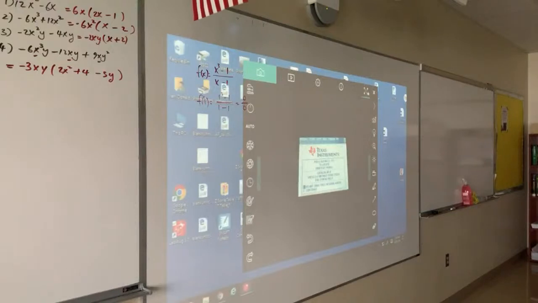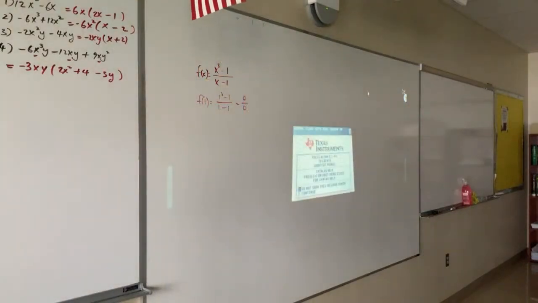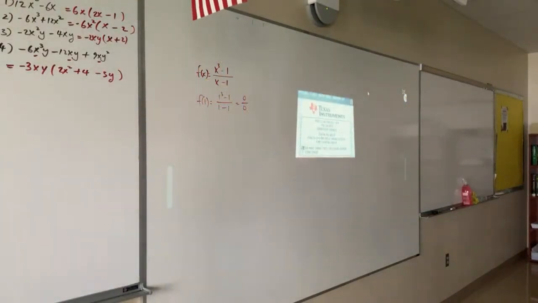That's better. Okay, so what we're gonna do is type in the function y equals, and see that on top? Can you see that? And you do a parenthesis x cubed minus 1 parenthesis divided by x minus 1.